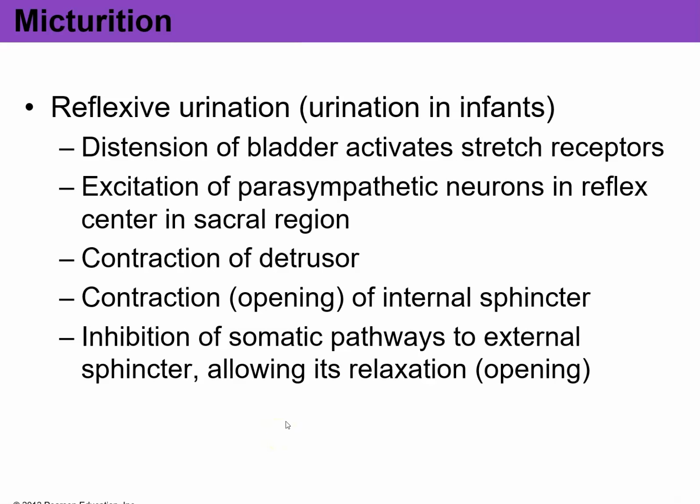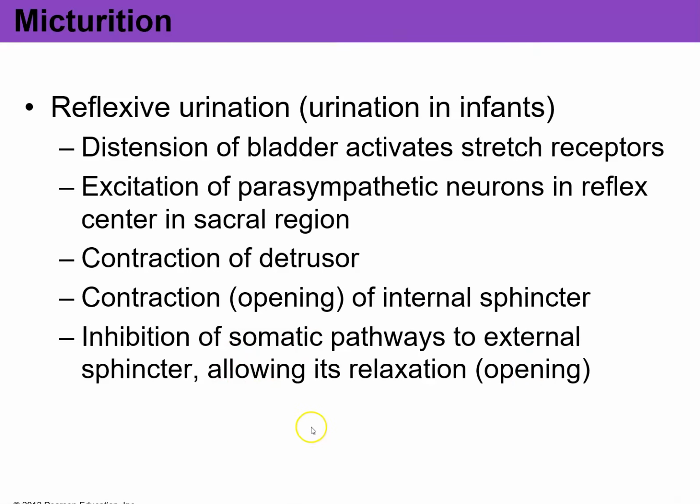The reflex for urination: as the bladder stretches, that activates stretch receptors that produce a sense of urgency for urination. And once the decision is made, then the external sphincter can be relaxed, and it's a parasympathetic autonomic reflex that opens up that internal sphincter and causes contraction of the detrusor muscle.